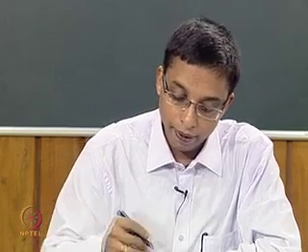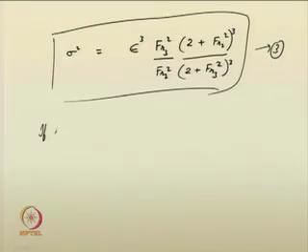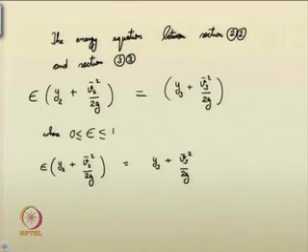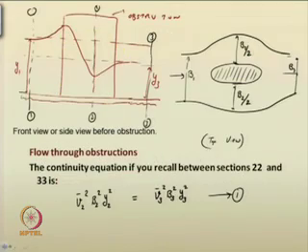So, if the flow at section 2, that is at the obstruction, is critical. We are assuming that subcritical flow is coming into the obstruction here.